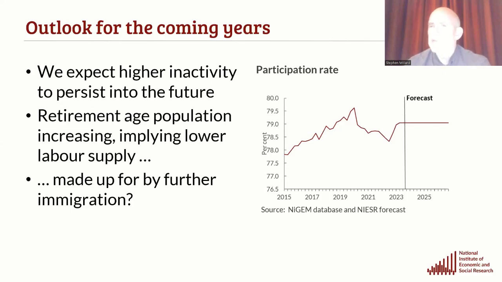The other thing to note, though, is if I were to plot the participation rate out of the entire population, this is the number of people in the labor market divided by the total population, that line will be falling. And it will be falling because the retirement age population is increasing relative to the working age population. And people beyond retirement age are less likely to be in the labor force.